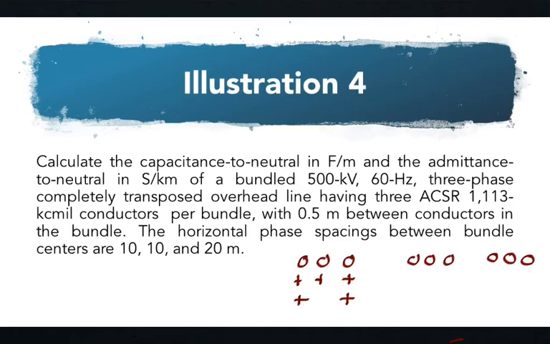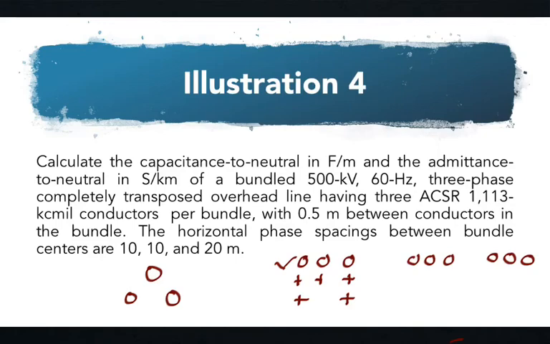Unless it said 0.5 meters between adjacent conductors, this would be the horizontal one. But since it says between conductors, and doesn't say adjacent, the most appropriate configuration of the bundle is this 3 conductor bundle in triangular formation, no?